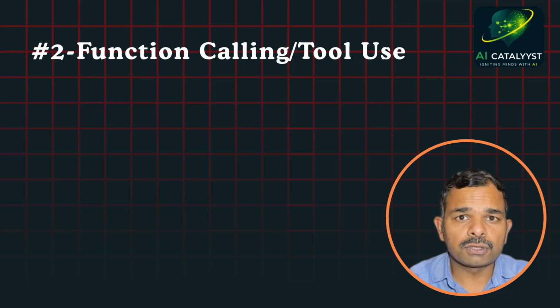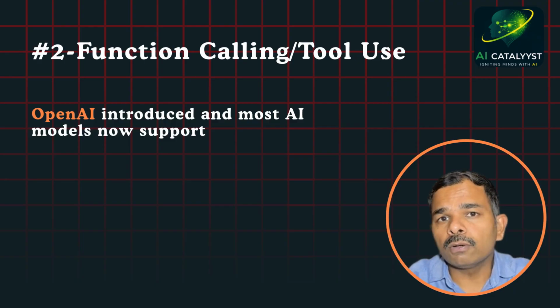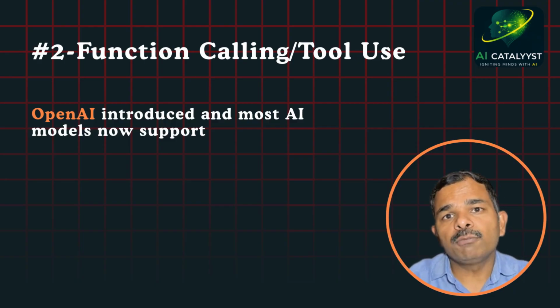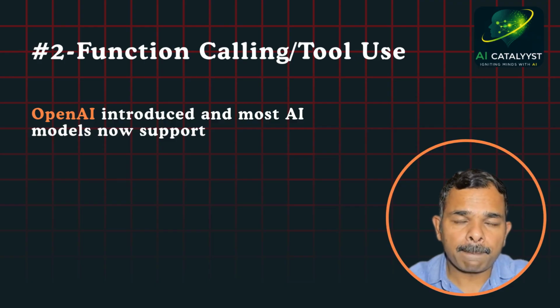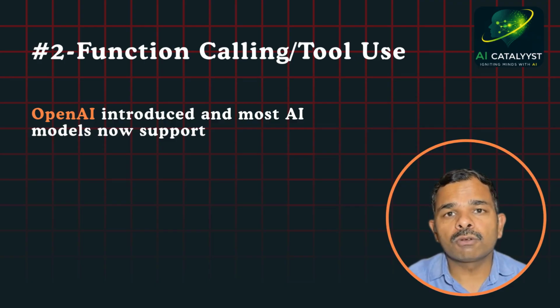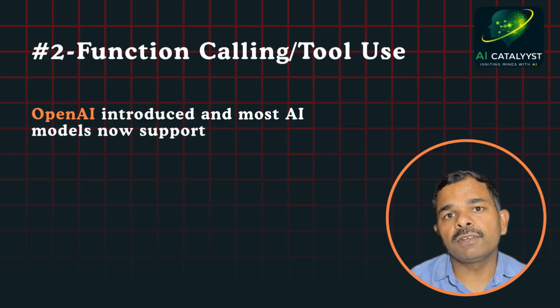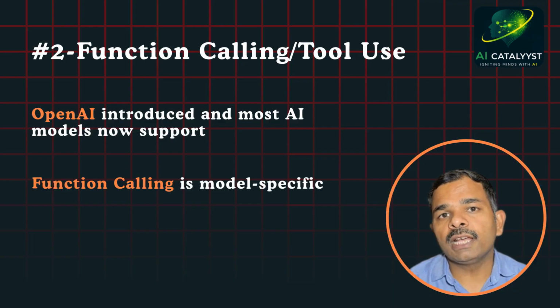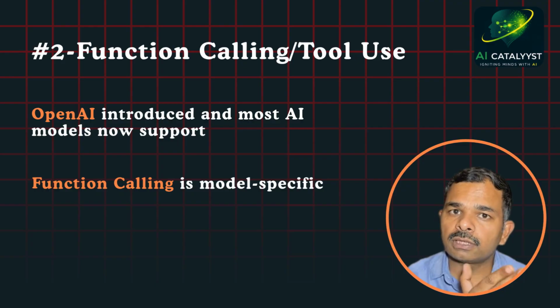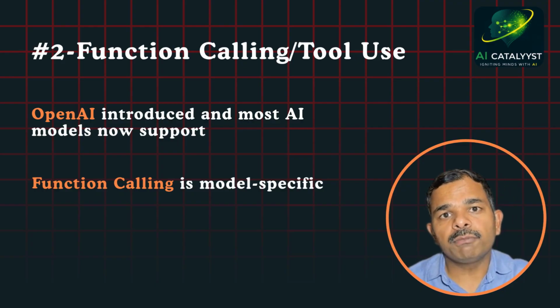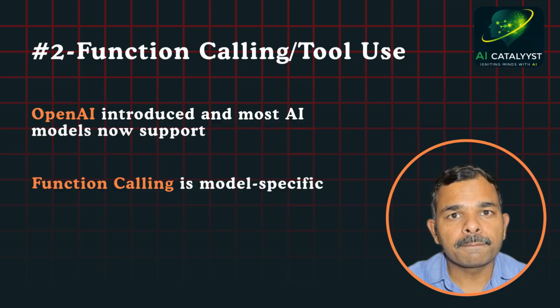Second is function calling, which is also called tool use. It was first introduced by OpenAI and is now supported by all major AI models. So it lets the AI model call predefined functions. In fact, MCP is also built on the same concept, but here's the key difference. Function calling is defined for every different model, which means every model has its own schema. One schema for Claude, one schema for Gemini, another schema for OpenAI.